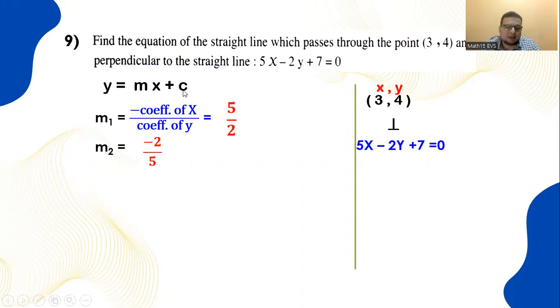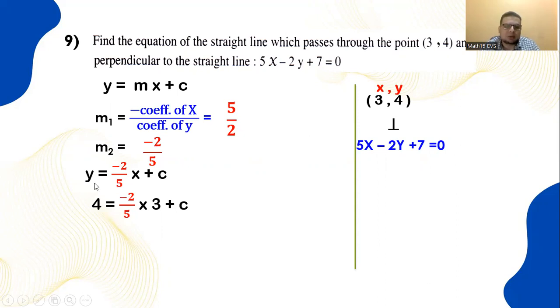And I need C. You will use this point in this equation, but put first negative 2 over 5 here plus C. I need to find the value of C. You will use this point 3 and 4 because this line passes through this point, so it satisfies the equation. 3 is x, 4 is y. So put here 4, and x is 3.